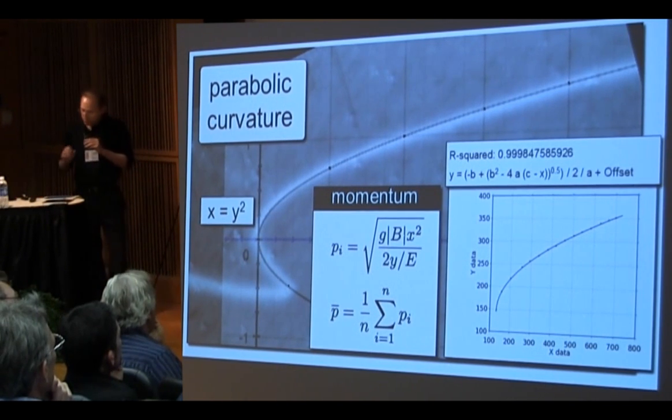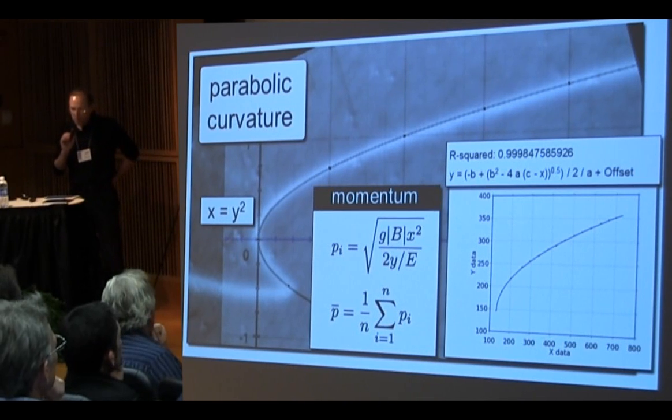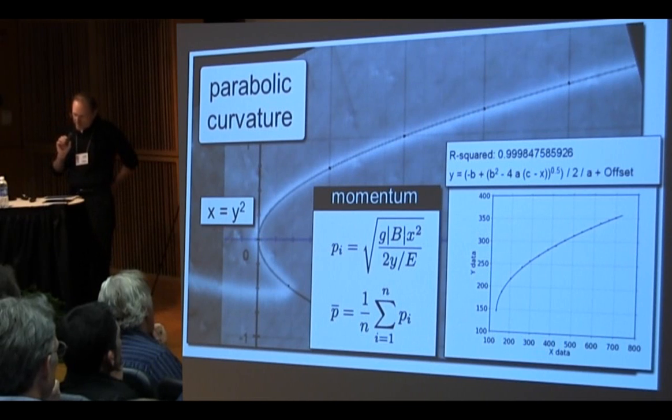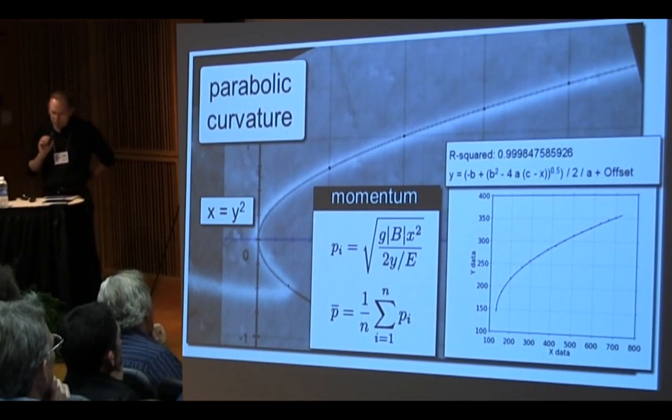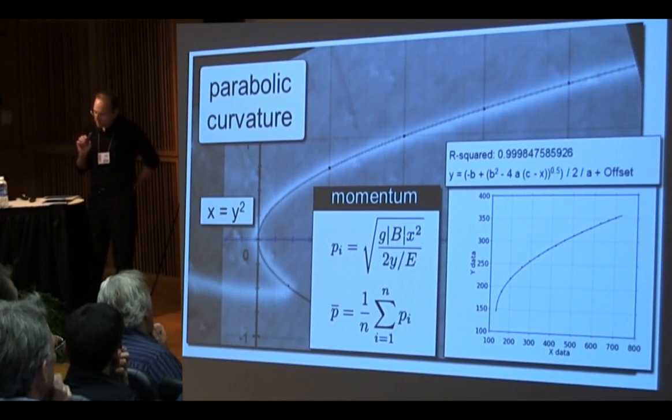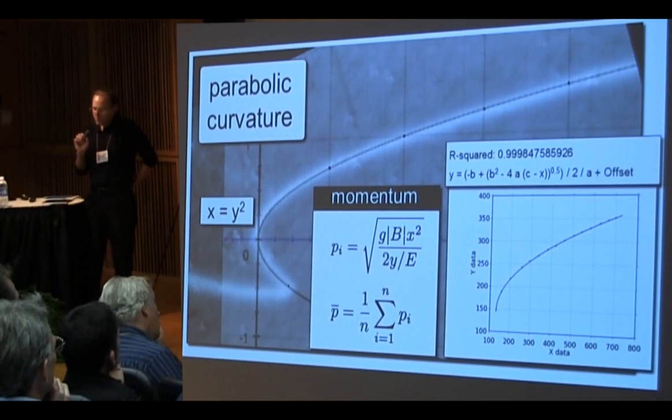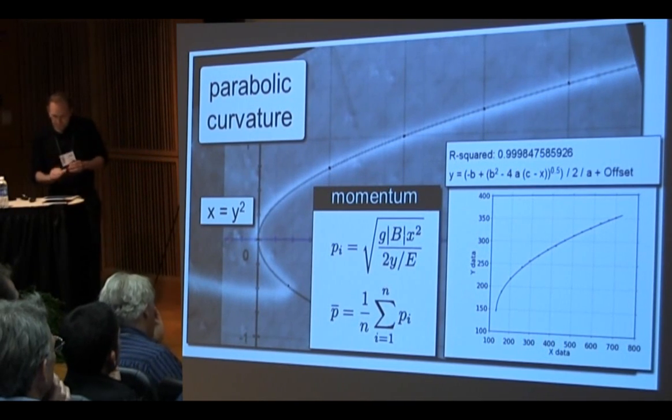Detailed examination of these tracks in applied magnetic fields shows parabolic curvature. Curve fitting of our 18 sample tracks gives an average goodness of fit of 0.997. Momentum is computed using particle coordinates, charge, magnetic field, and energy.